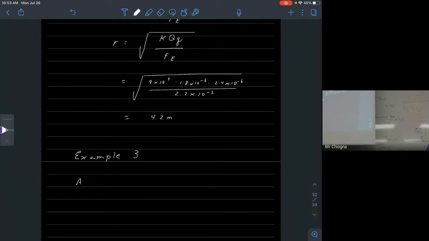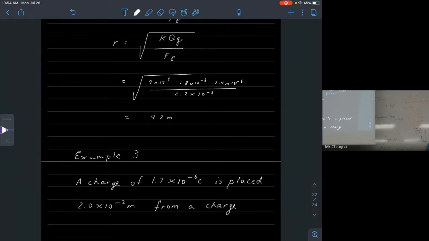So this is a charge. A 1.7 times 10 to the minus 6 is placed two times 10 to the minus 2 from a charge of 2.5 microcoulombs.